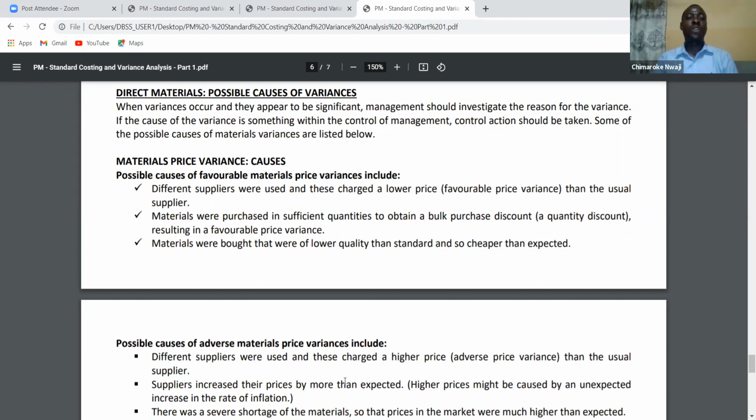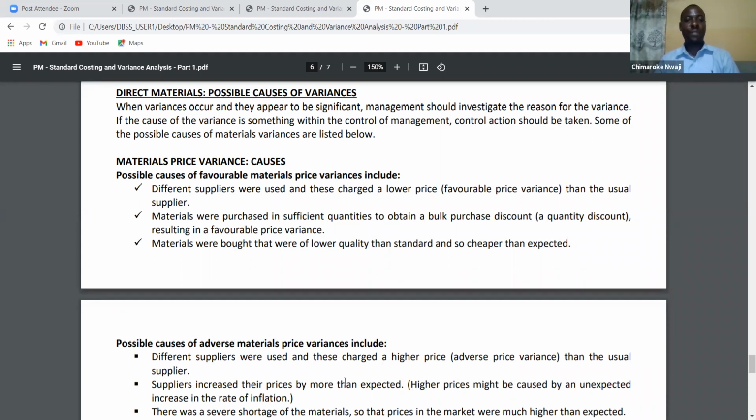It could also be because previously you used to buy smaller quantities, but now you decide to buy bigger quantity, a bulk purchase. And when you have a bulk purchase, they give you a discount. That discount made you have a favorable price variance.